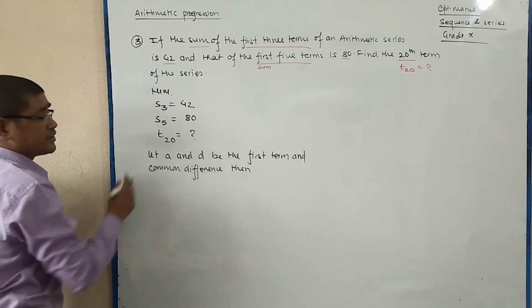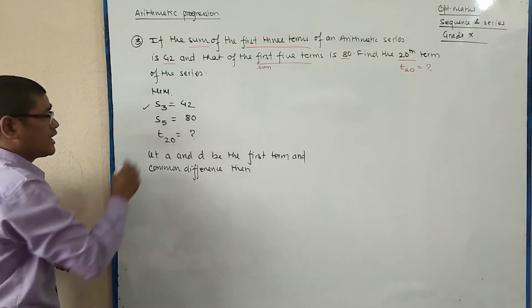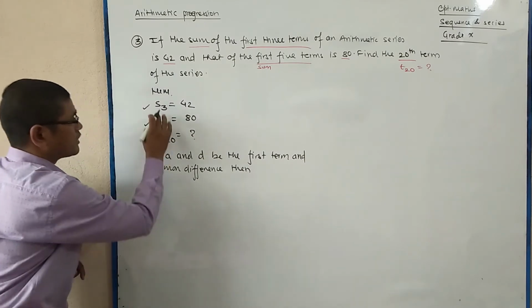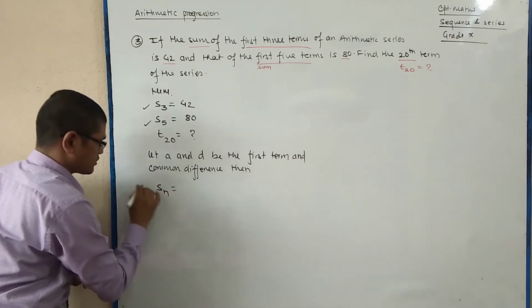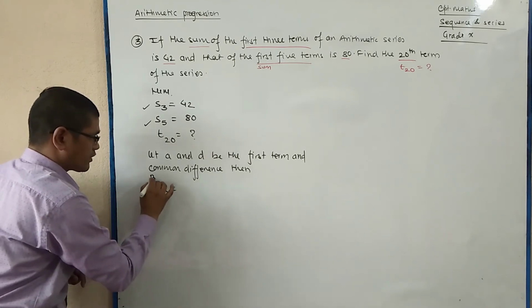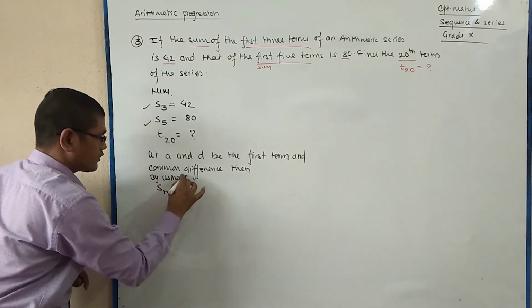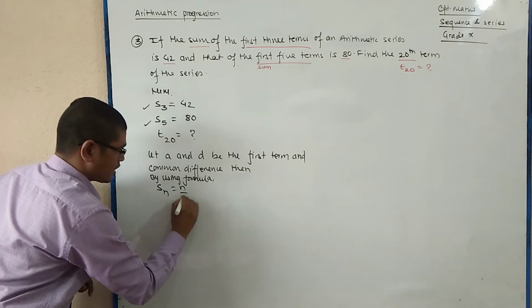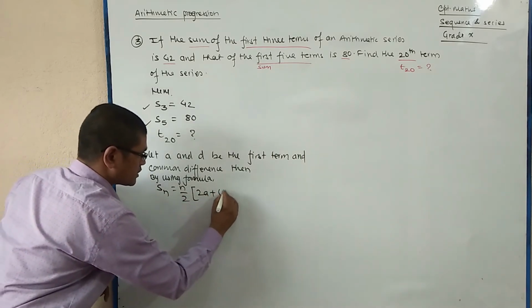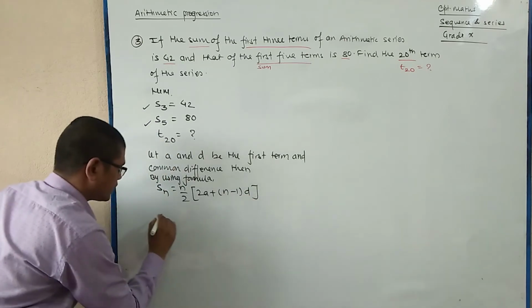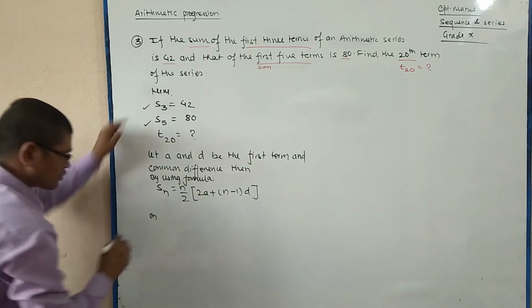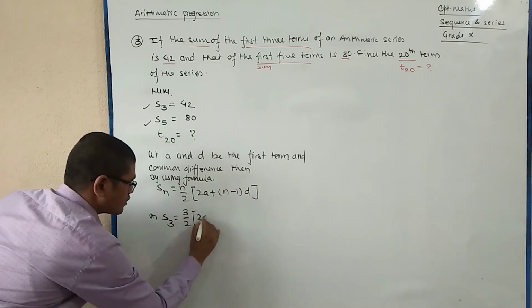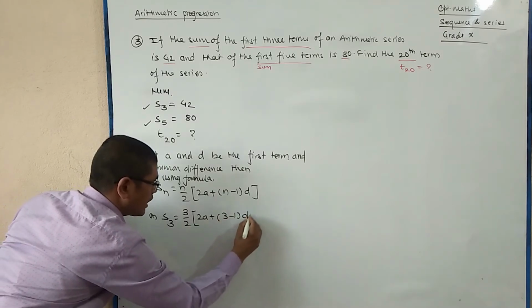Then what we have to do? We need to use the first condition for this one, and again we have to get another equation using the second condition. By using the formula Sn equals n by 2 times twice a plus n minus 1 d, S3 equals 3 by 2 times twice a plus 3 minus 1 d.